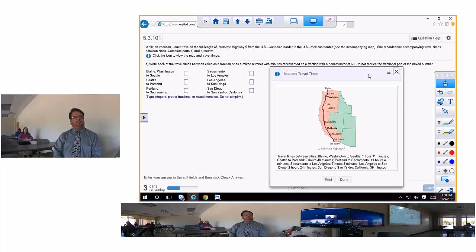Yeah, I got the last part wrong. Okay. So write each of the travel times between cities as a fraction, with minutes represented as a fraction with a denominator of 60, do not reduce. All right. Blaine, Washington to Seattle. Let's go down there and find Blaine, Washington.